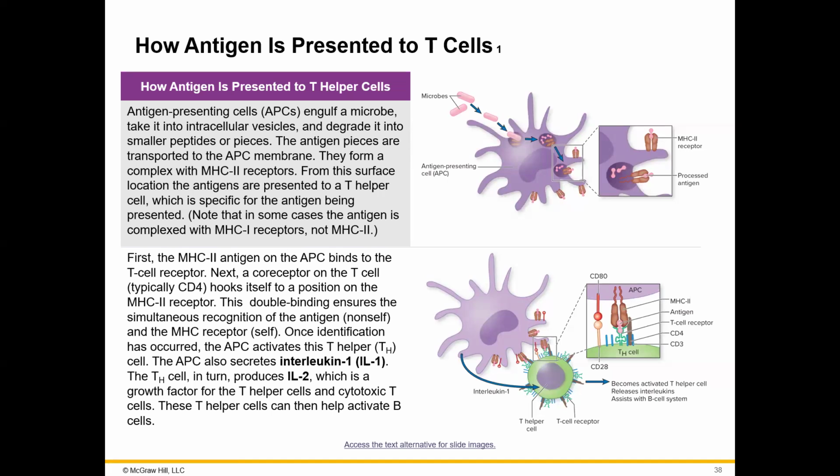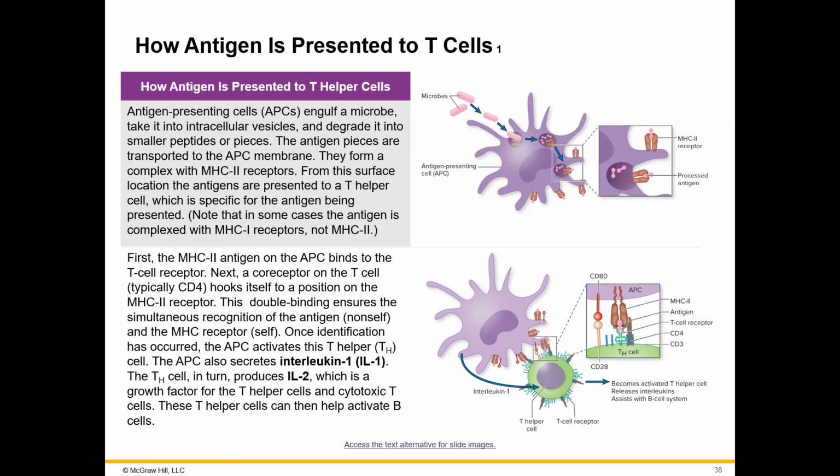So the antigen being non-self and the MHC receptor being self. An additional molecule on the surface of the APC, which is called CD80, is also needed for efficient activation. It interacts with the CD28 molecule on the T helper cells.